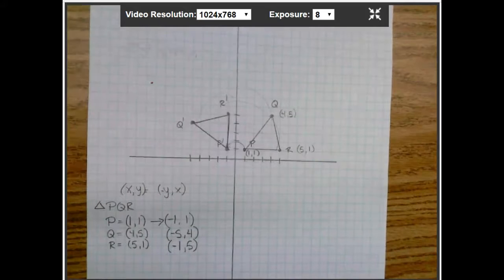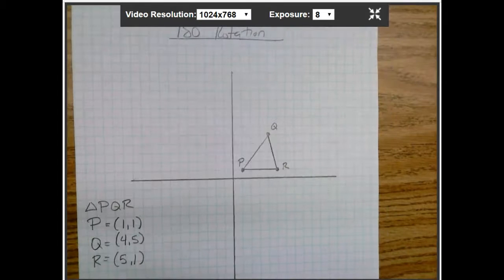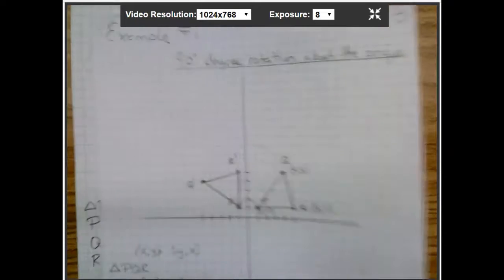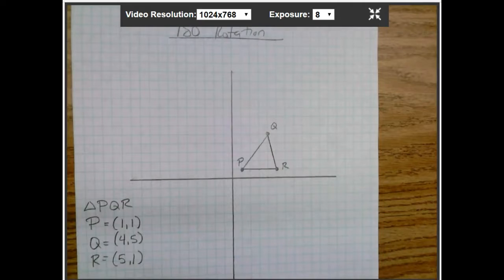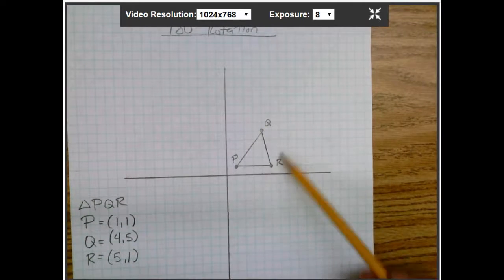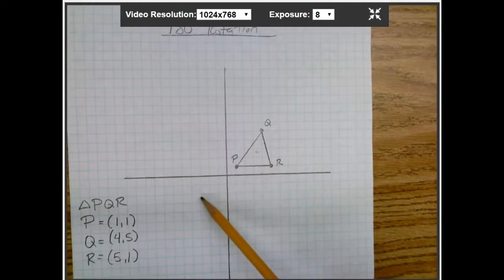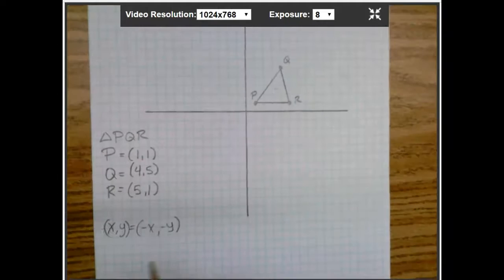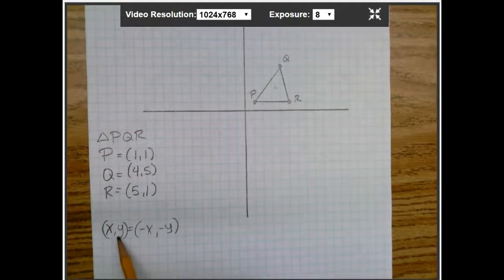And maybe I can show you one more with this. So if we try that same shape, and instead of doing the 90 degree, which we just did, which looks like this, right? We could then take that and do 180 degrees. And we would think if it's 180 degrees, halfway, this shape would end up over here, right? And if you remember the function we gave, whatever the x's and the y's are, you just multiply them by a negative.